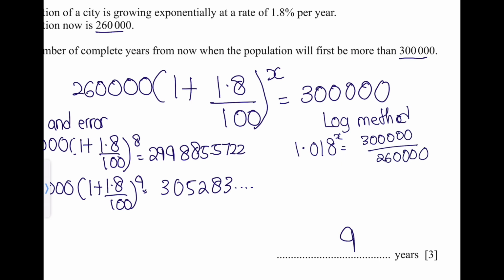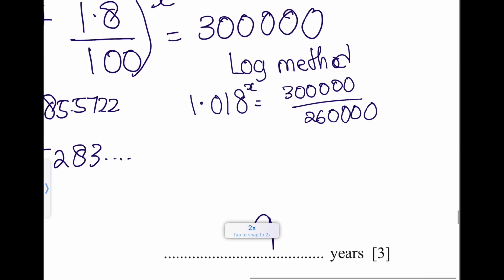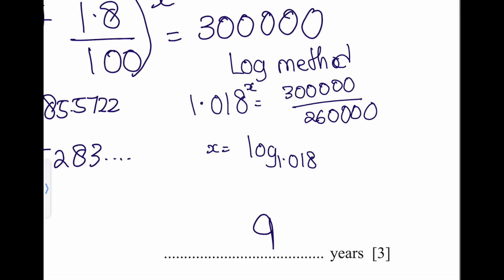I've done nothing here but simplify, taking 260,000 to the other side. Then what I need to do is simply this: x is equal to log base 1.018 of 300,000 divided by 260,000. Simplifying, that is equal to 15 over 13.